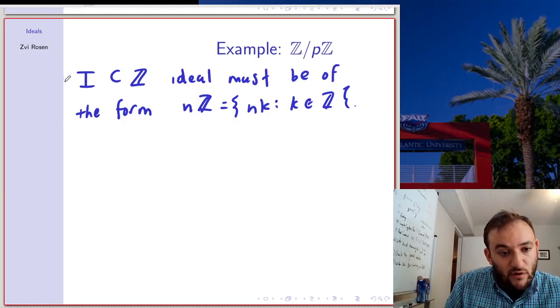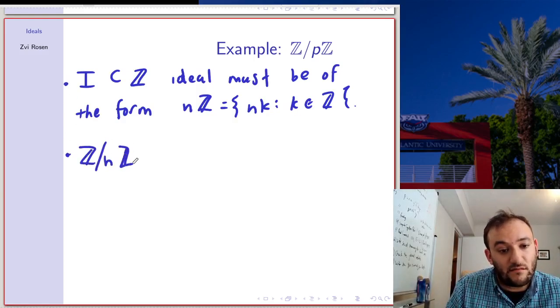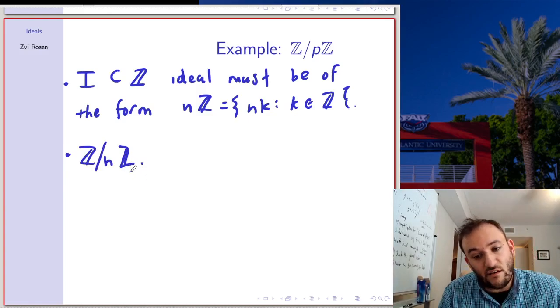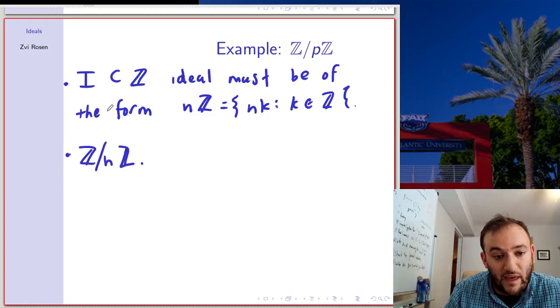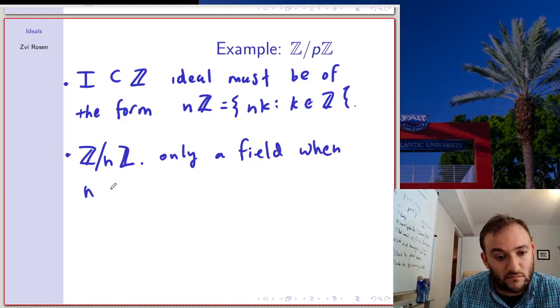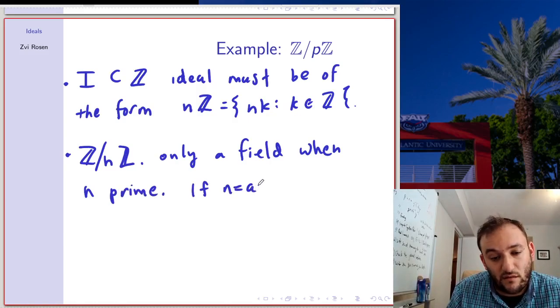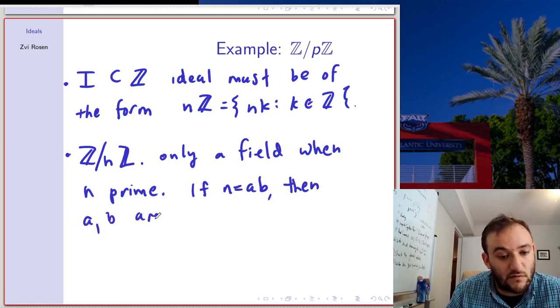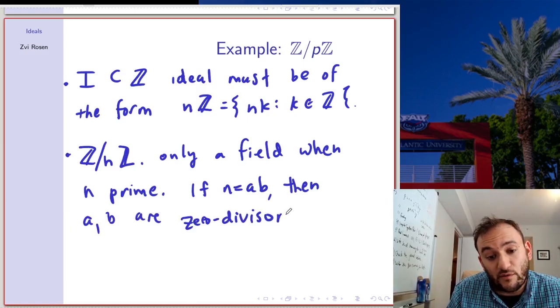But we also know that when we quotient by nZ, this is only a field when n is prime. If n is equal to ab, then a and b are zero divisors in the quotient, and that always implies that they're not invertible.